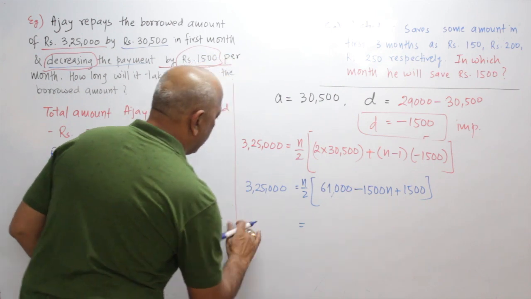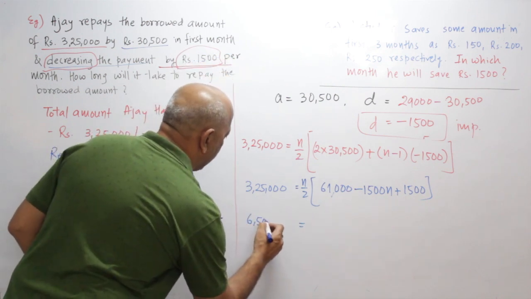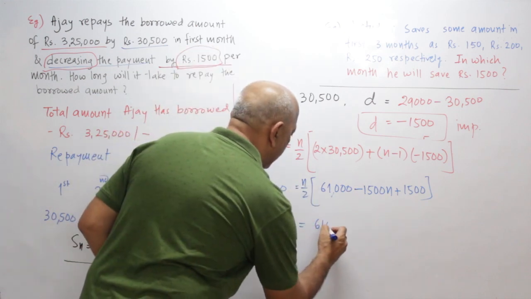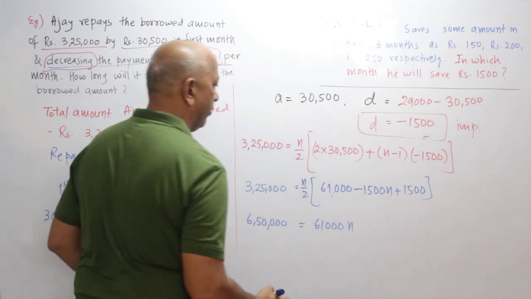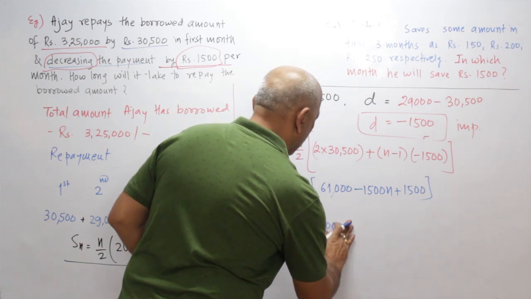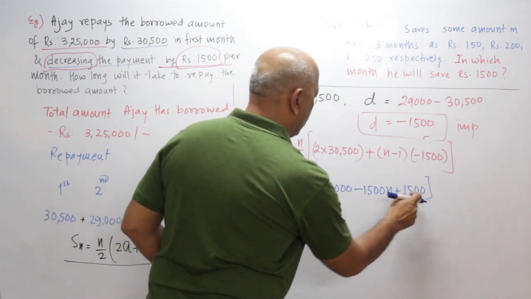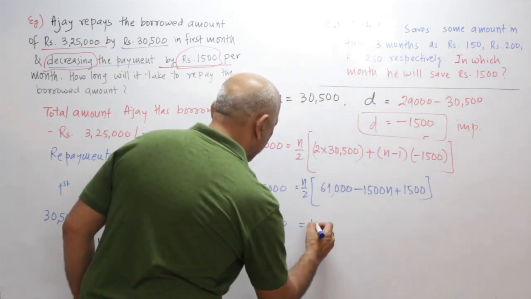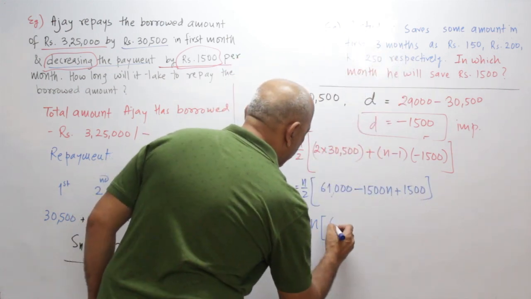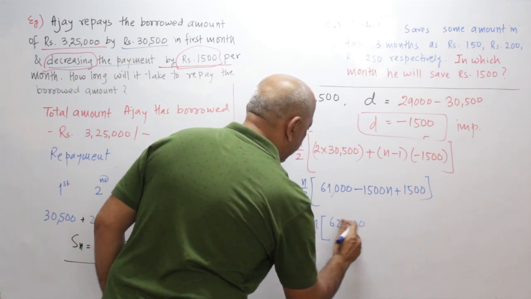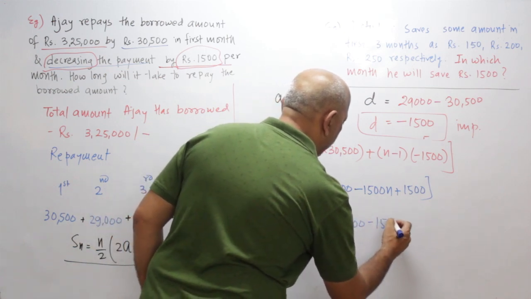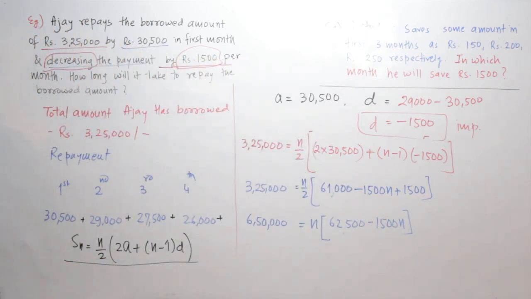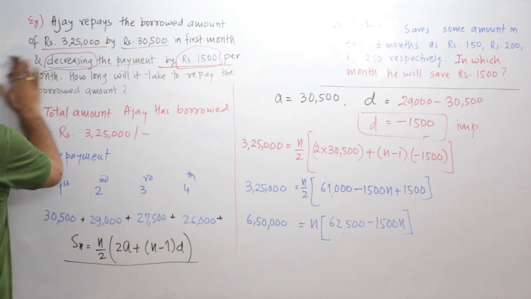This 2 I'll take on this side. So this is going to be 6,50,000. N I'll multiply here, 61,000 n. Or I can do 60,000 plus 1,500, that is equal to n into bracket 62,500 minus 1,500 n. So this is what I can write down. I'll rub it so that I can use this board.